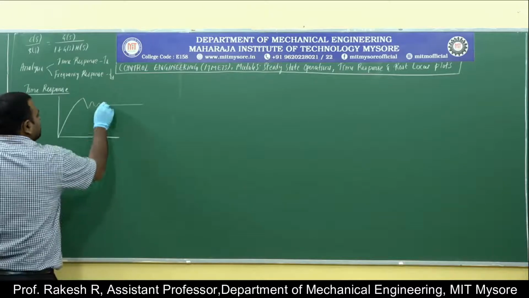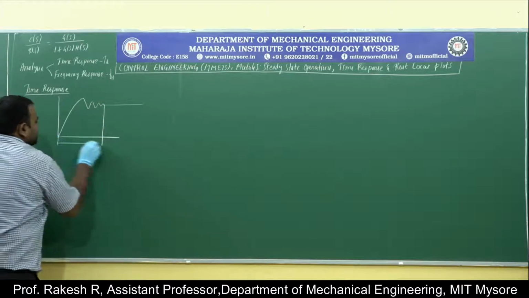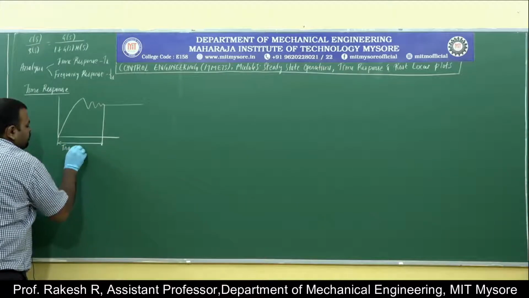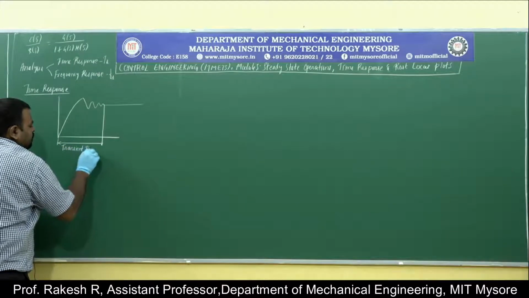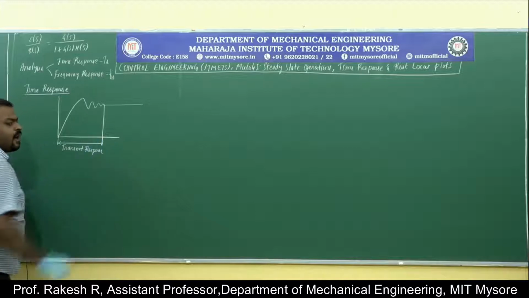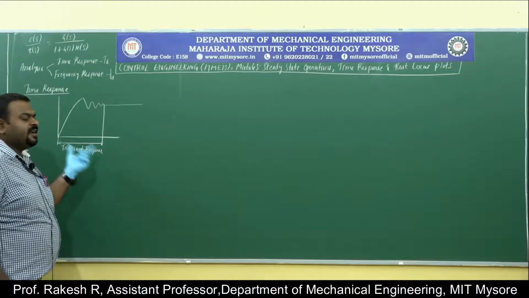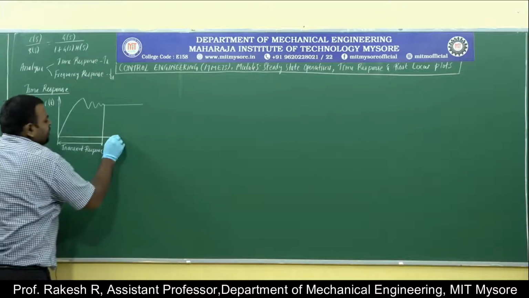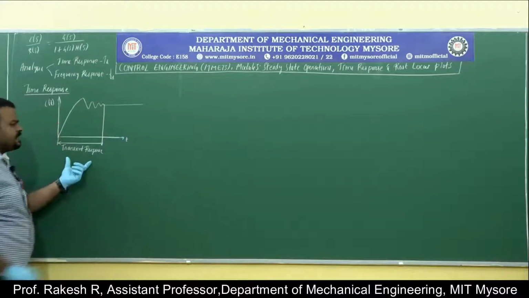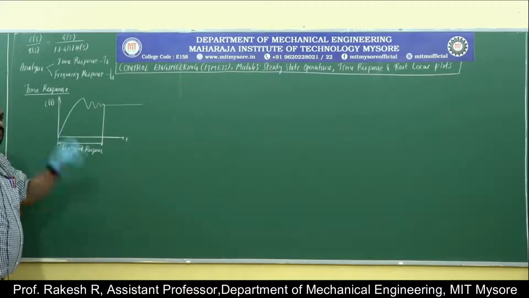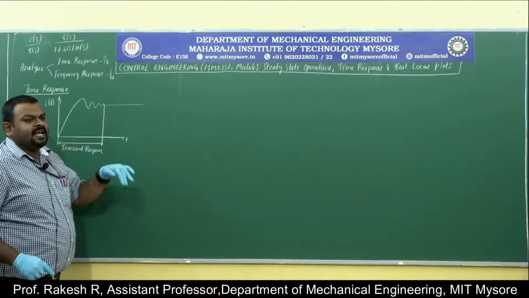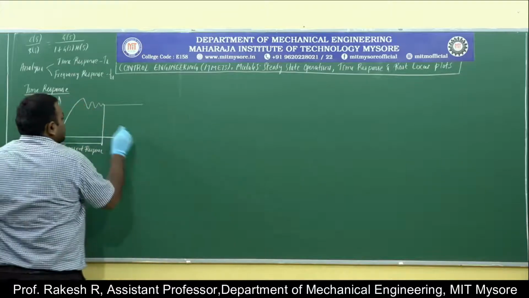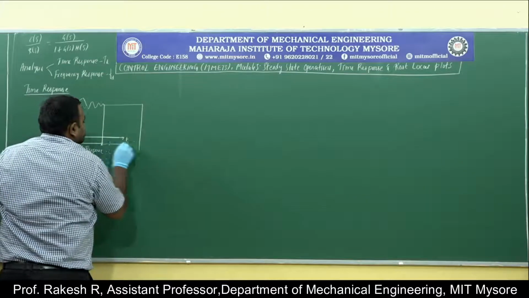This part is the transient response. Here the controlled output variable, C of t, varies with respect to time continuously. After that, we need to maintain the output at a certain value, which we call the steady state response.